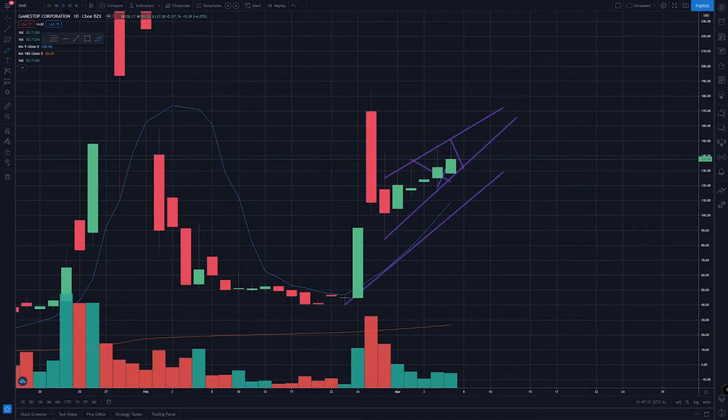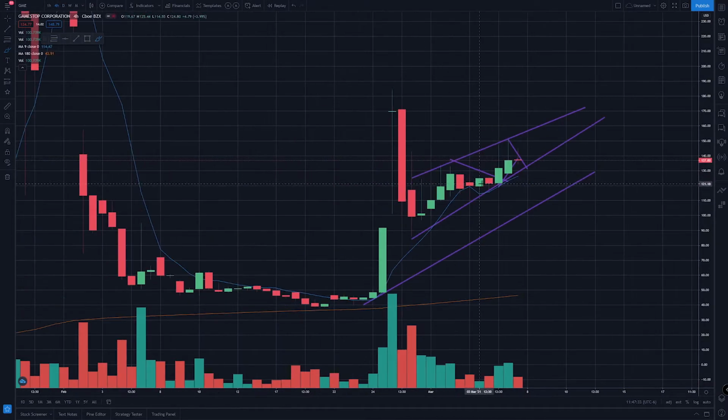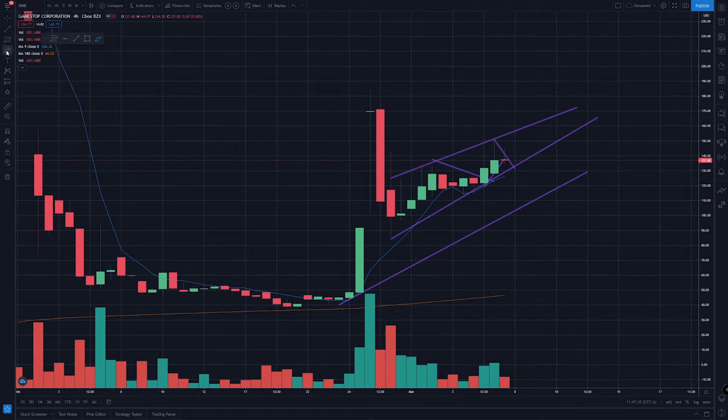For right now, we could even go into the smaller time frame. Let's go into the 4 hour. It looks like we're riding this channel right here, up and down. I'm looking for a break of this trend line or this trend line. If we can break this trend line right here, maybe we get a pattern of something like this, somewhere around there.